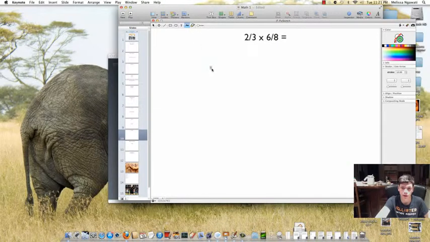So we'll put in 1, 2, 3, 4, 5, 6, 7, 8 counters. There are 6 counters in 6/8, so we'll use the red to find the 6. Now to model thirds, arrange the 6 counters into 3 equal groups.